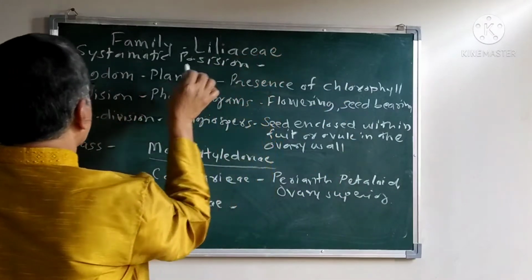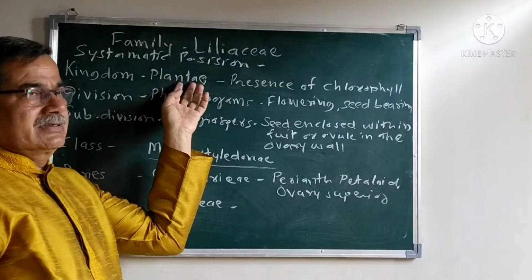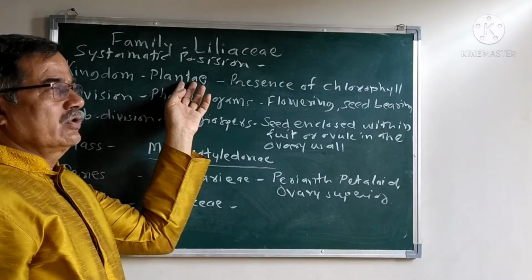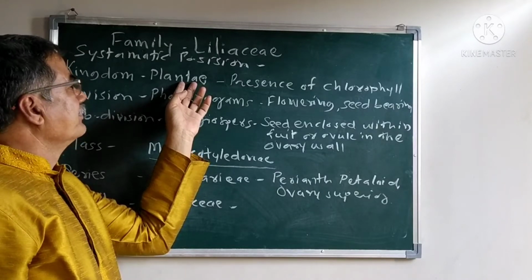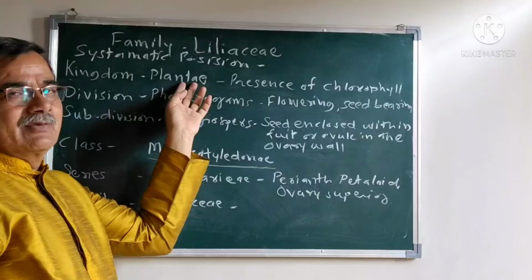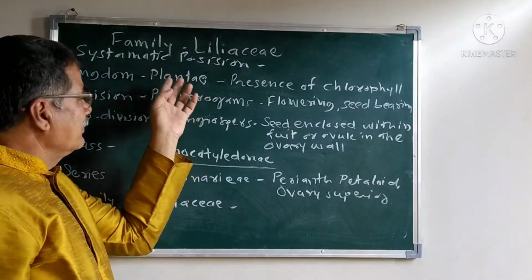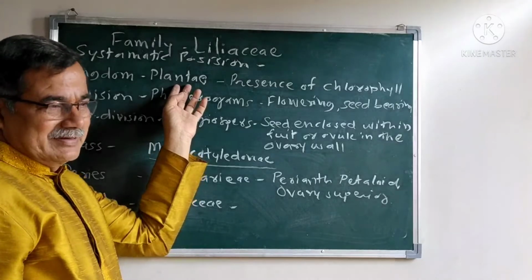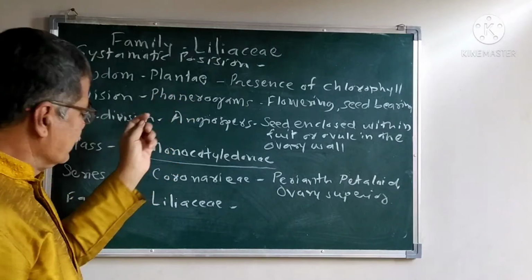This family comes from this kingdom. Living organisms are divided into two kingdoms: one is Animalia, the second is Plantae. In Animalia, cell wall is absent, with heterotrophic mode of nutrition. In Plantae, cell wall is present, with autotrophic mode of nutrition.